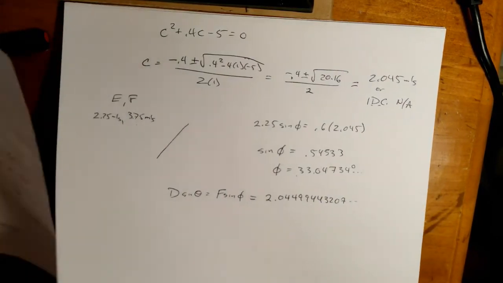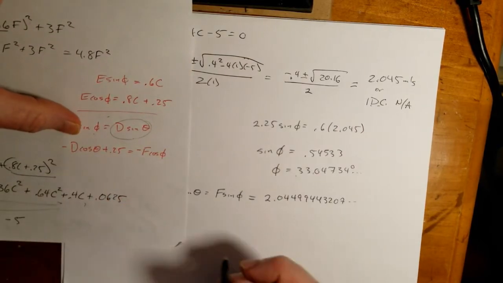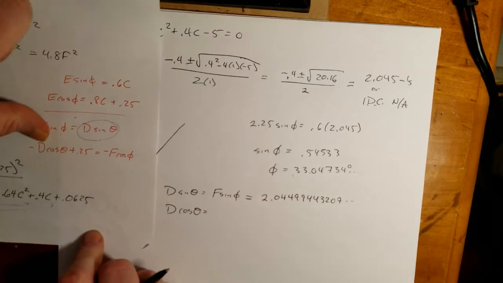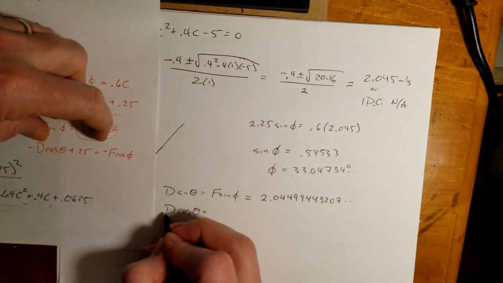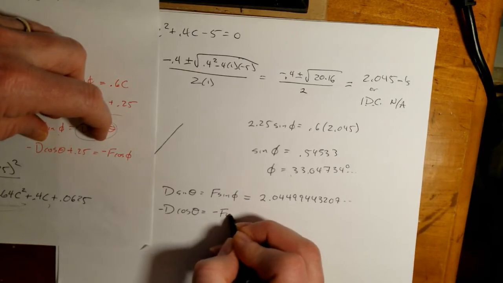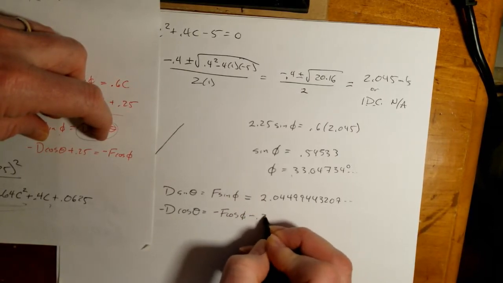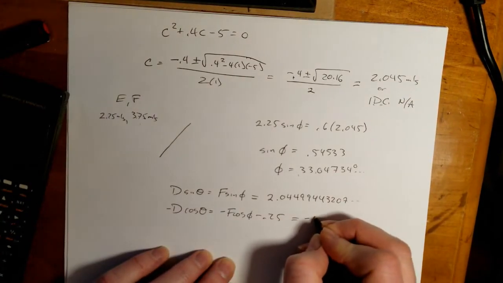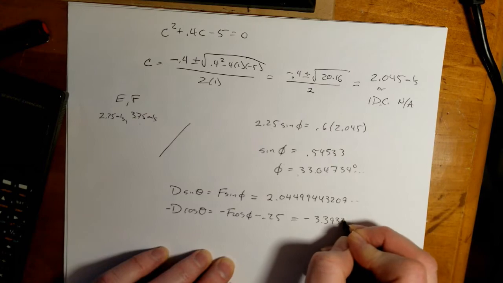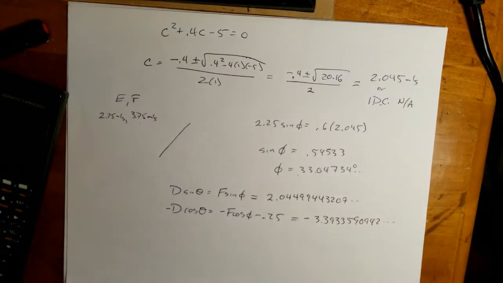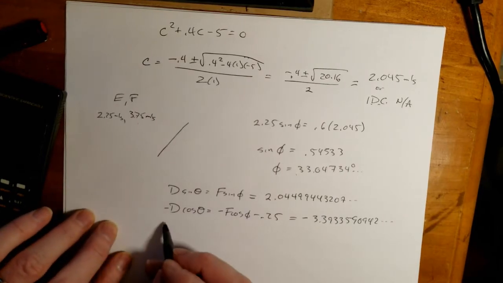For my other equation, I have d cosine theta is equal to, I may as well keep that negative, negative f cosine phi minus 0.25. I can calculate that out: negative 3.3933590942.